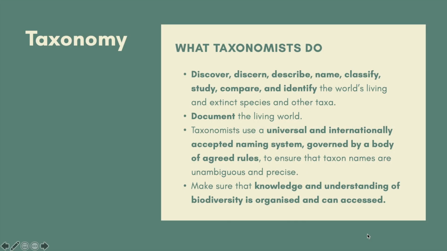What do taxonomists really do? First of all, they are responsible for the discovery, description, and naming or classifying of organisms, both living and recently extinct taxa or species. They are usually involved in the documentation of the living world around us.